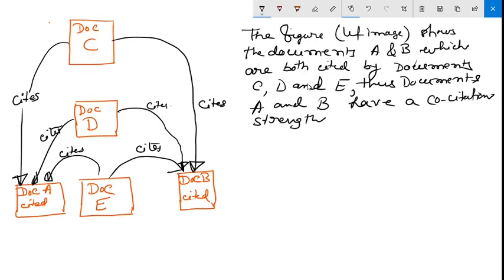Or sometimes it is referred to as co-citation index of it.